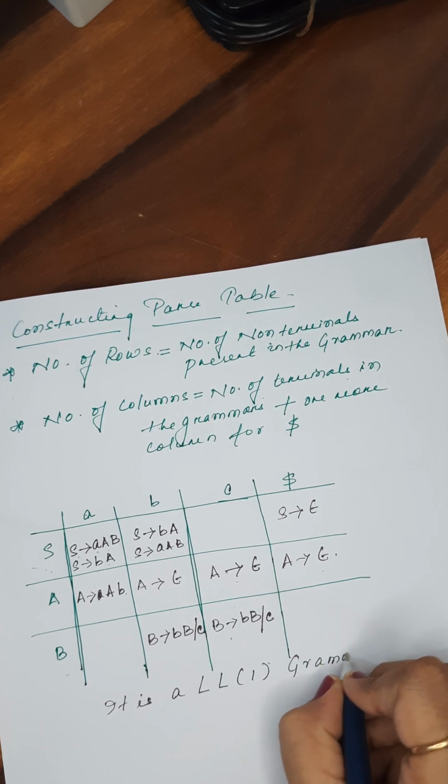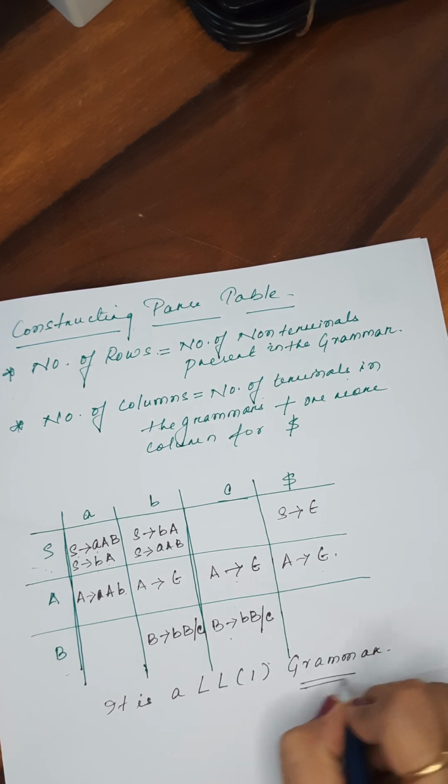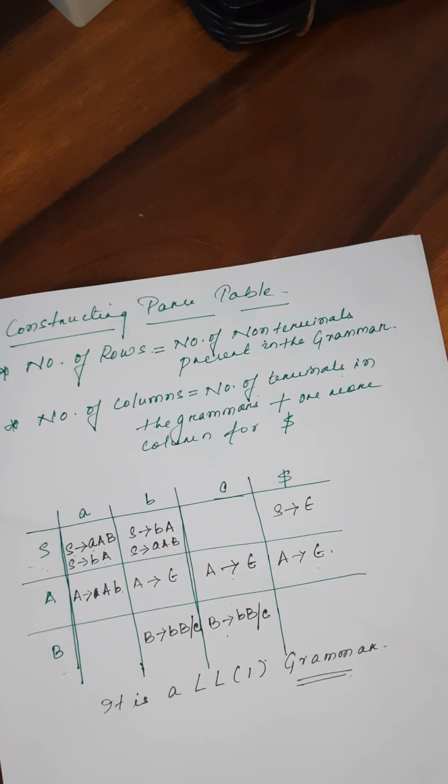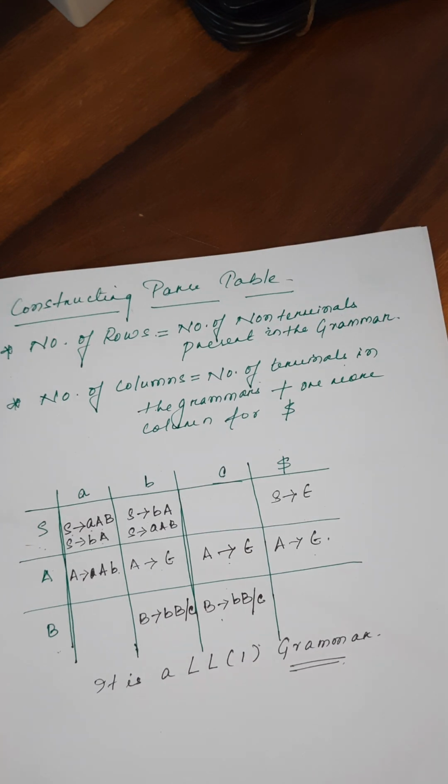That means it is a successful parsing. So, you are getting an LL1 grammar. Now, the next question comes, what if it is not LL1? Then we have to look for other methods, and that will be solved in bottom up parsing.